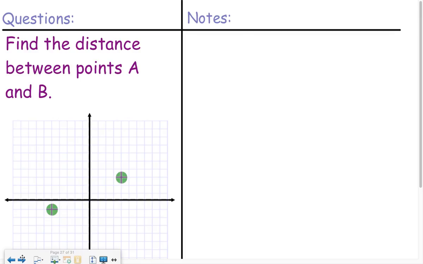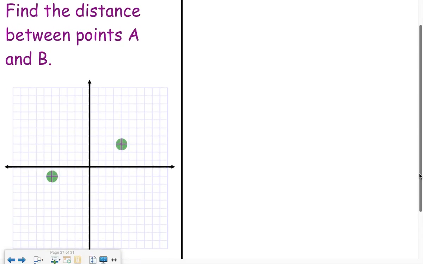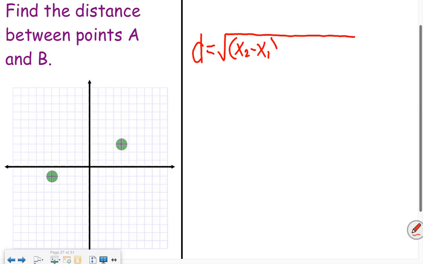All right, same thing. Find the distance between the 2 points. So D equals the square root of x2 minus x1 squared plus y2 minus y1 squared. All right, so I'm going to label these ordered pairs. So this one is -5, -1.